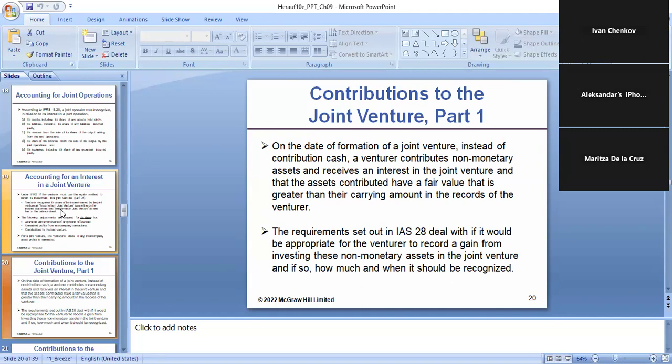For example, if the venturer's carrying amount for an asset, let's say a laptop, is $1,000, but the fair value of the laptop is $1,200, then definitely there will be a gain, because the invested amount is more than the carrying value of the asset. How this is going to be recognized, we're going to find out in International Accounting Standard 28.